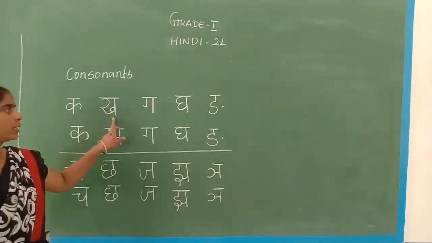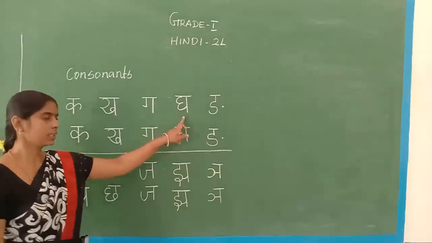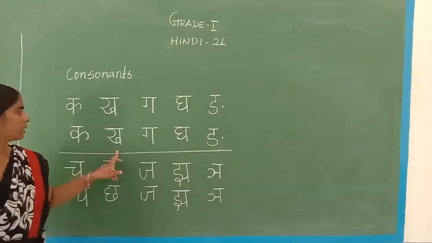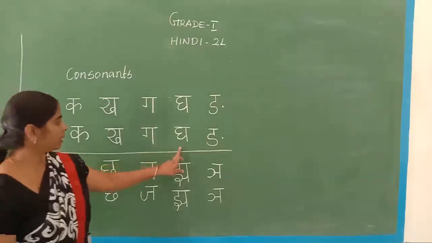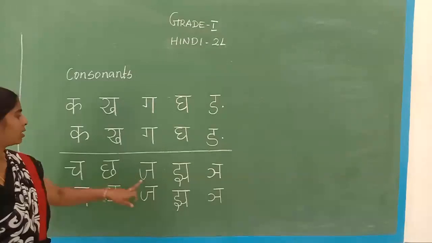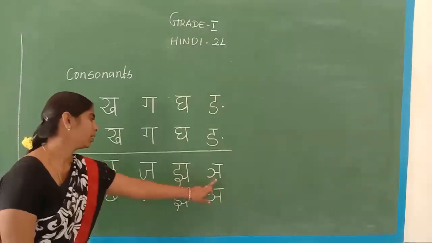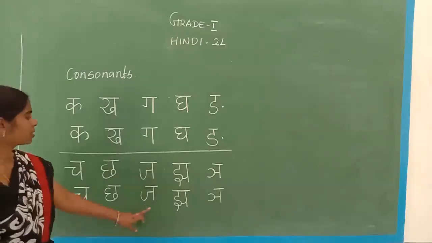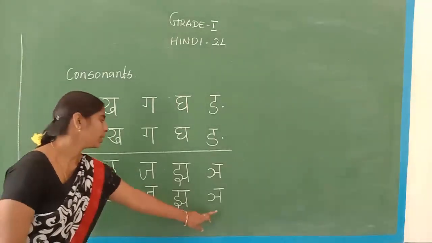Ka, kha, ga, gha, na. Cha, chha, ja, jha, nya.